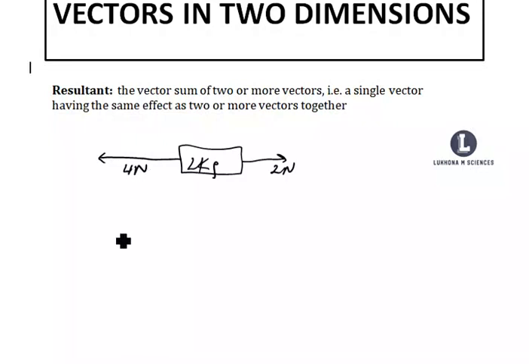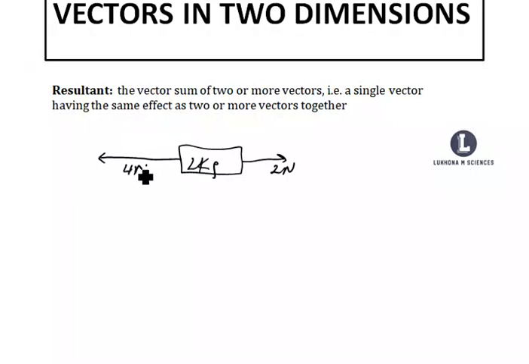So there are 2 forces here. If this object moves in this direction, therefore the resultant is to the right. Then if it moves to the left, the resultant is to the left.